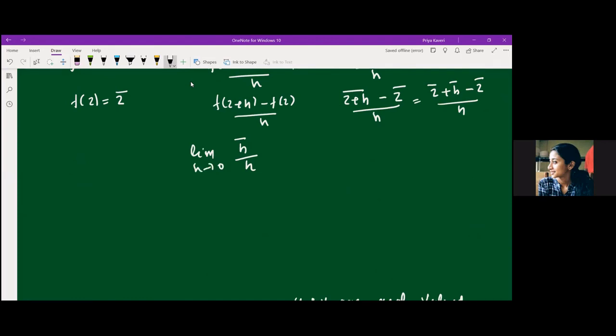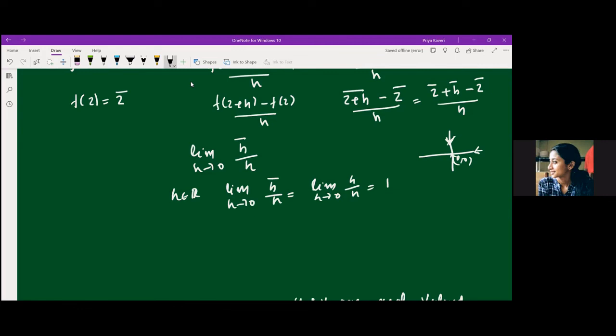Here we have to be careful because this is 0/0 and h is approaching 0. There are a lot of ways in which h can approach 0. So what are the two easiest ways to look at the limit? Through the real axis and the imaginary axis. If h is equal to r real, what is this limit? h̄/h as h tends to 0, that is h/h, which is 1.